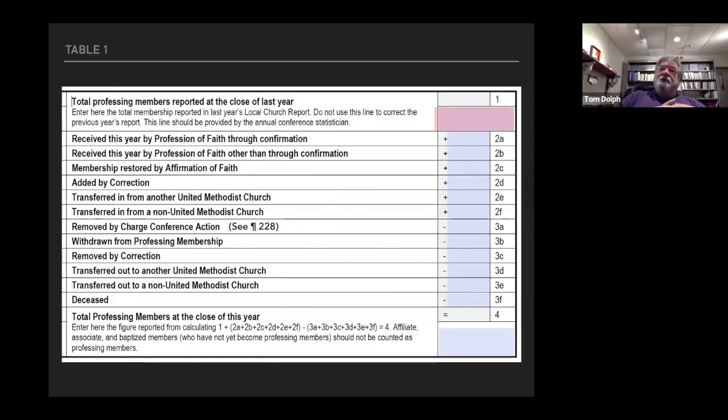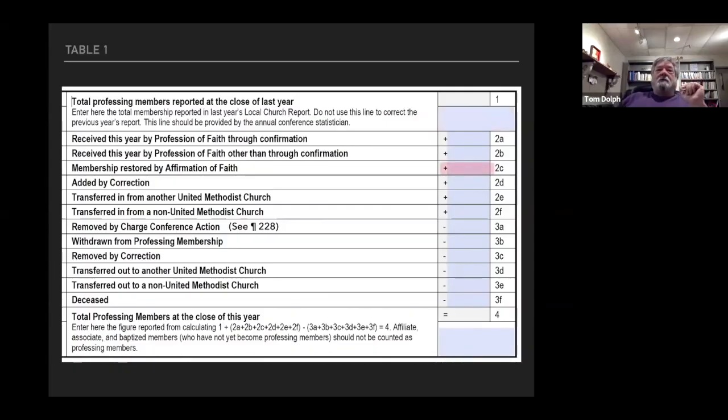So if you have last year's forms, be sure that whatever you had as your ending membership number is your beginning number for this year. In the online table, that number will be automatically filled out for you. If for some reason it is not, or it doesn't appear to be correct, let your district office or me know, and we will find a way to make that right.